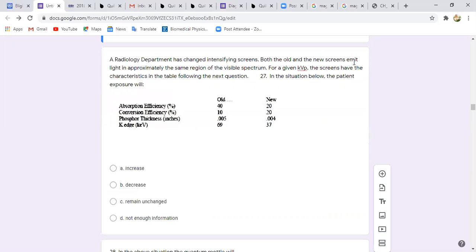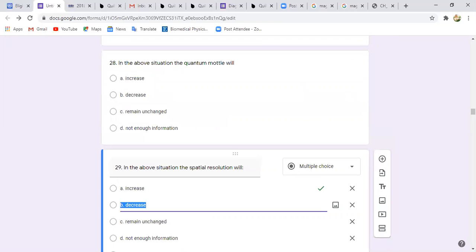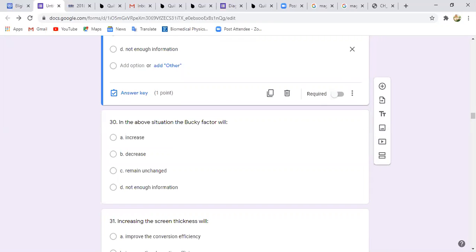What will happen to the exposure? Because we have the same total efficiency, the Bucky factor will remain the same. The Bucky factor is the exposure with grid over the exposure without grid. The same exposure will be needed in the two systems, the new system and the old system, so we are not going to have any change in the exposure.